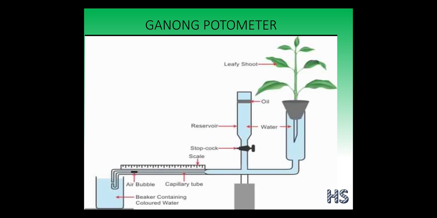There is one Darwin potometer also, but in Darwin potometers there were some failures, so because of that it has been discarded. But Ganong potometers help to measure the rate of transpiration in a more accurate way, so that is why we took the Ganong potometer. So let's start to understand.